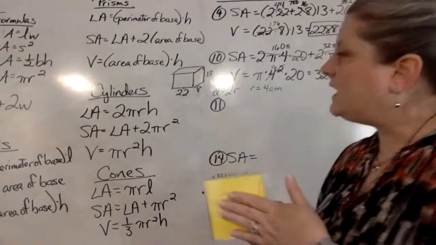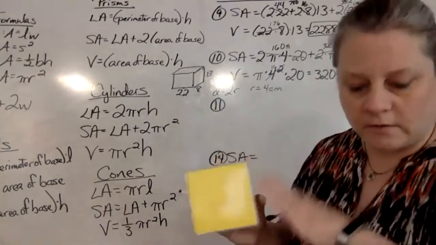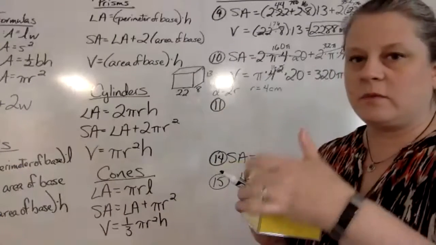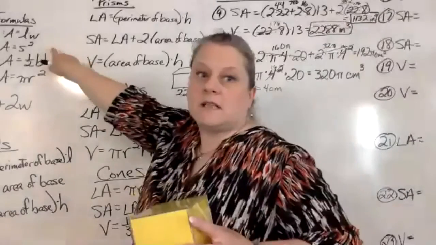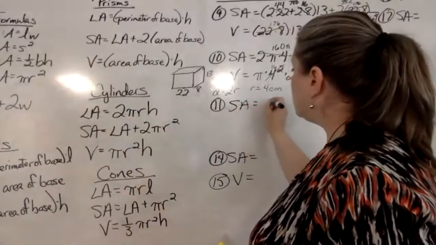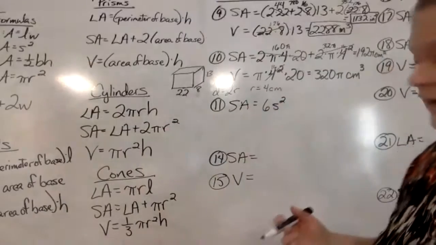So to find the surface area, you have 6 congruent squares, 6 squares that are the same size. So I have 1, 2, 3, 4, 5, 6 times the area of the square, which is s squared. So my surface area formula for a cube is 6 times the edge squared, or the side squared.